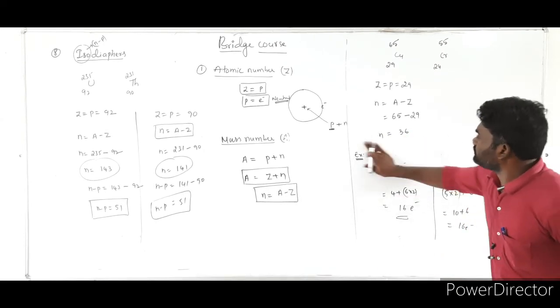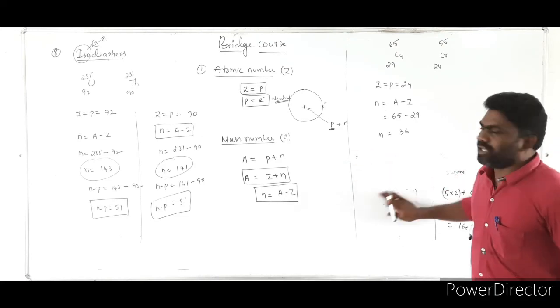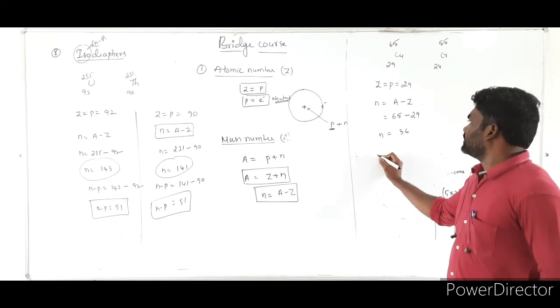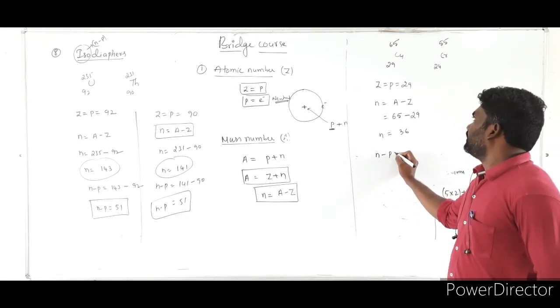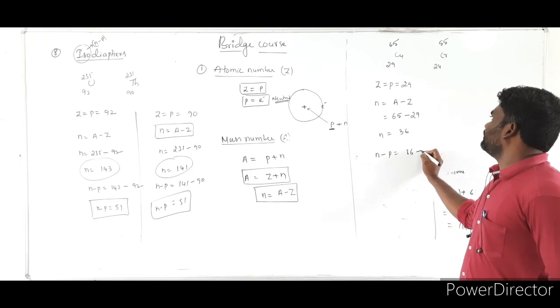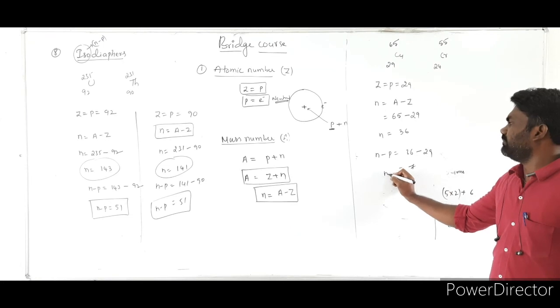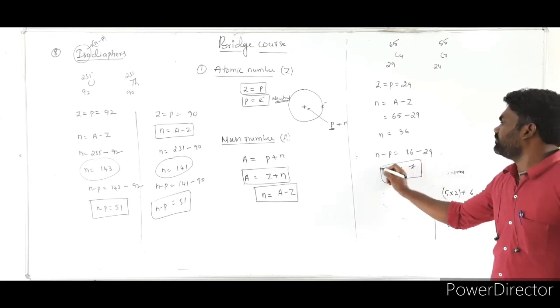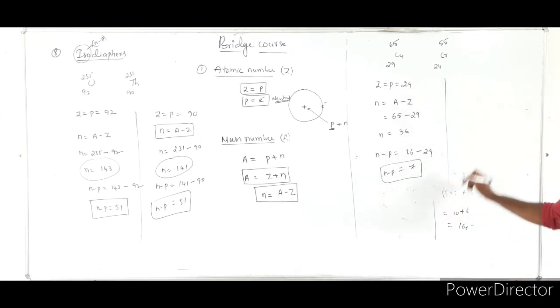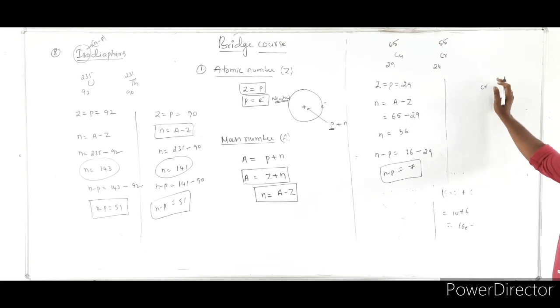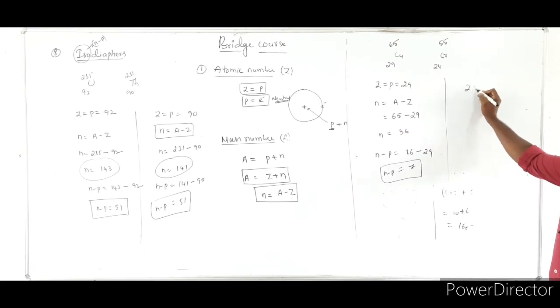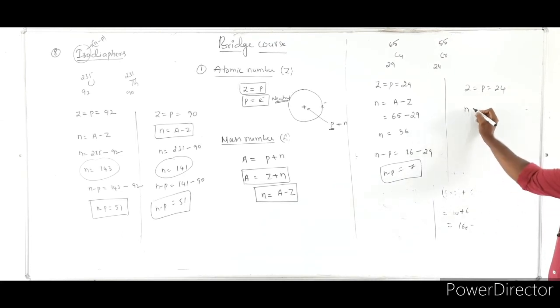Then we have to find out the n minus p value. So n minus p is equal to 36 minus 29, which is equal to 7. So the n minus p value is 7. Then come to chromium 24, 55. Z is equal to p is equal to 24. Clear? Then we have to find out the n value.